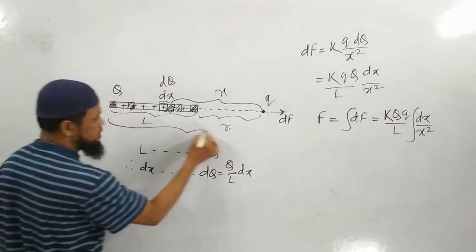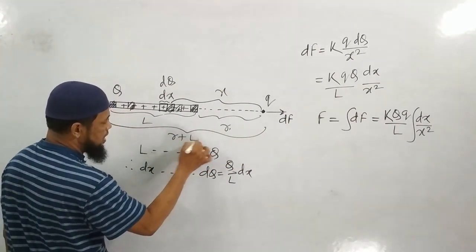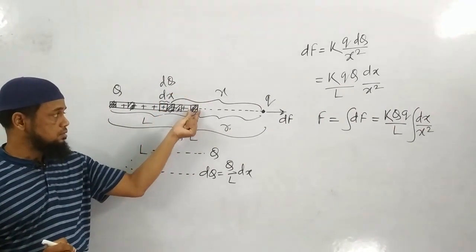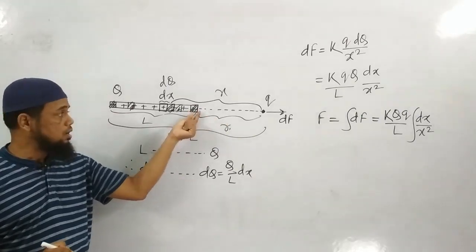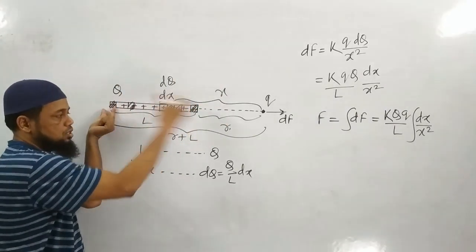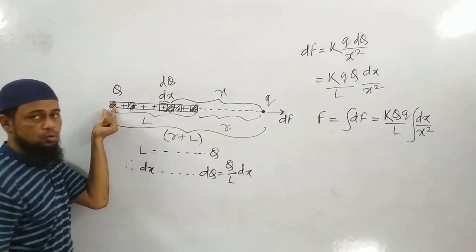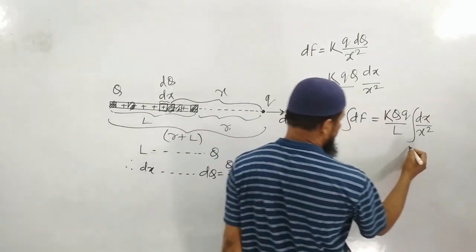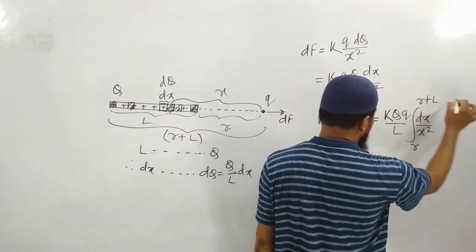At what distance? At a distance of r plus L. So the smallest value of x is r, and the largest possible value of x is r plus L. So here the limits of integration will go from r to r plus L.